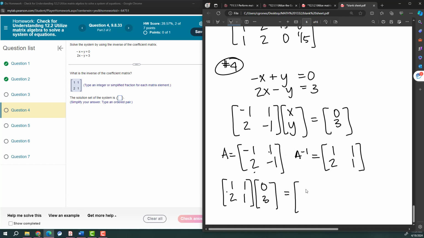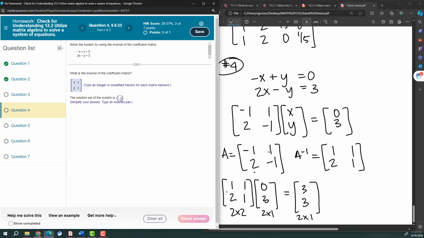So we have a 2 by 2 and then a 2 by 1. So our final product is going to be a 2 by 1. So 1 times 0 is 0, plus 1 times 3 is 3. So we have 3 right here. And then we've got 2 times 0 is 0, plus 1 times 3 is 3.